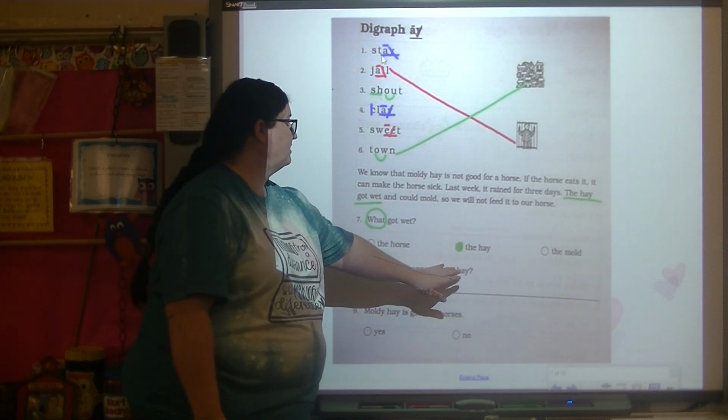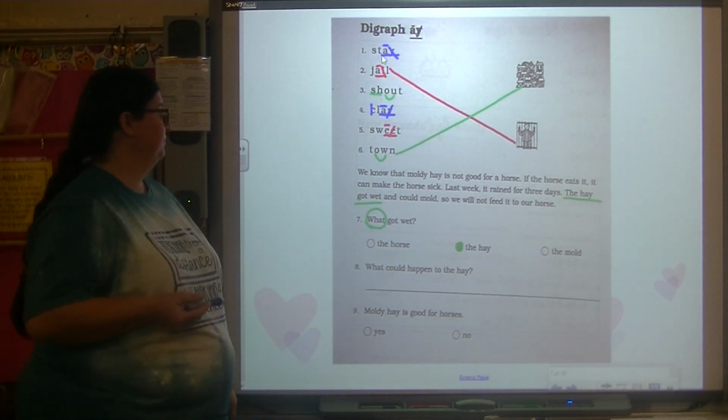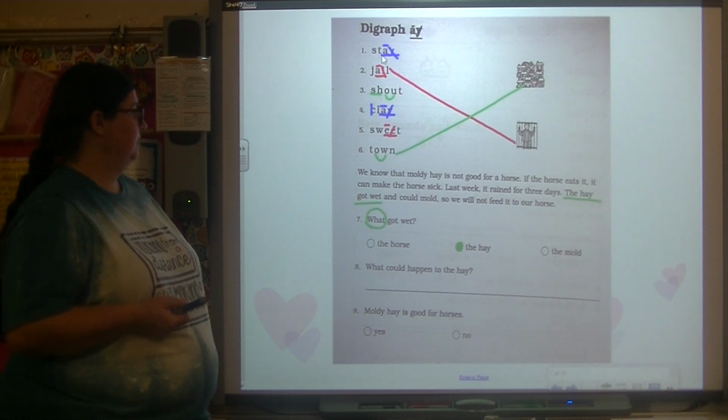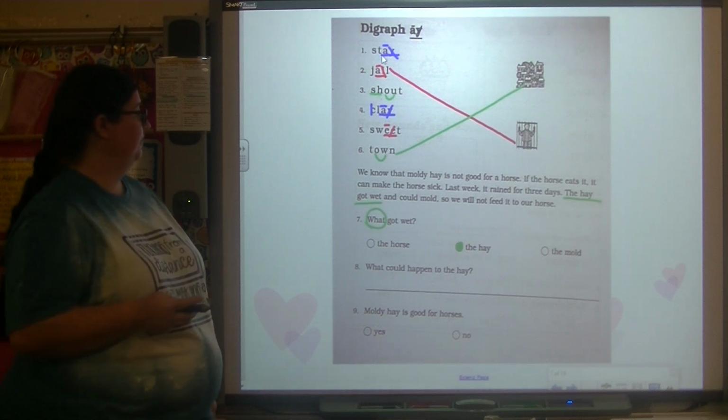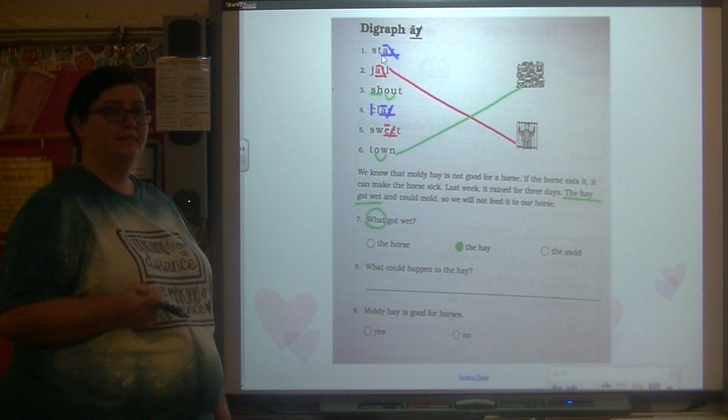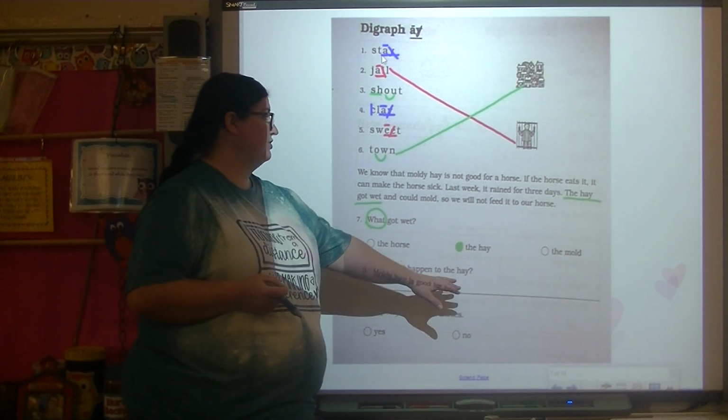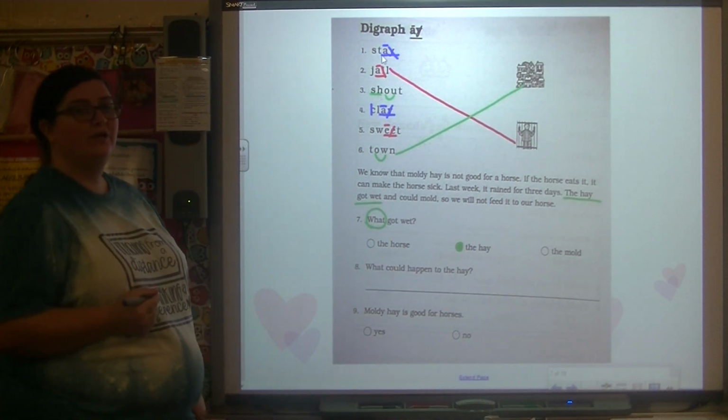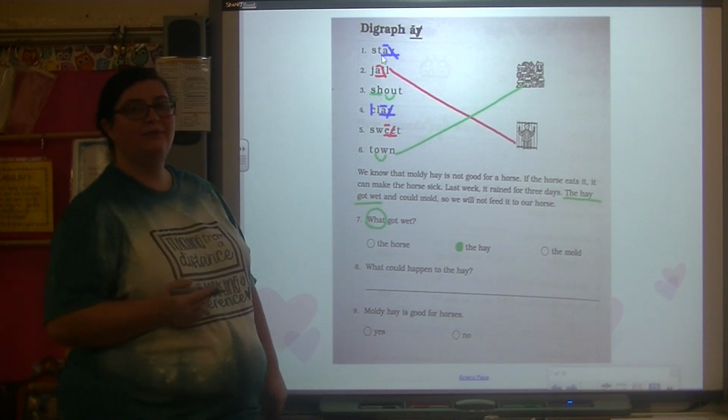What could happen to the hay? Underline your answer and write it down.